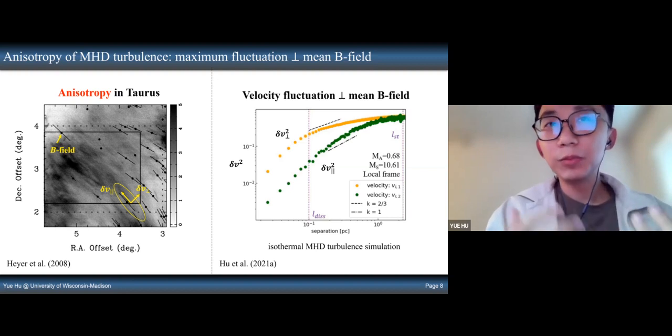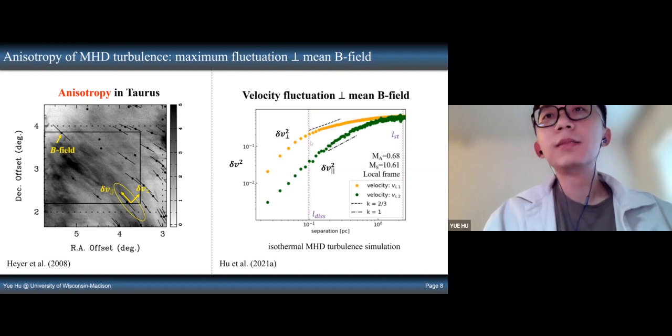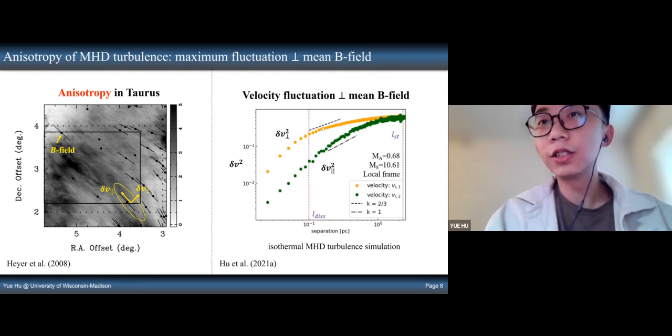And why do we need to care about the anisotropy? Because if we consider the velocity fluctuations in two directions, parallel and perpendicular to the magnetic field, we find that the velocity fluctuation is more significant in the perpendicular direction.